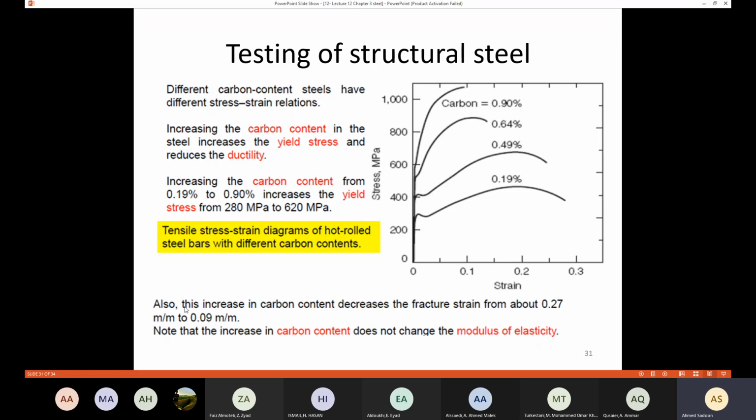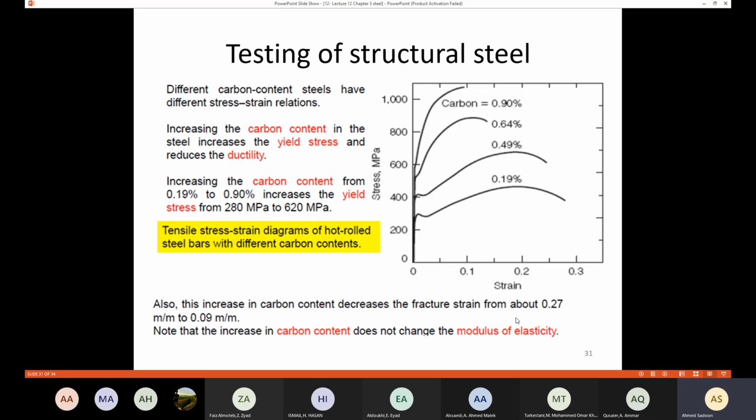Also, this increase in the carbon content decreases the fracture strain from about 0.27 here to 0.09 here. The fracture strain is going to decrease.